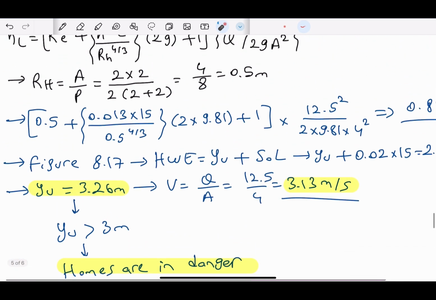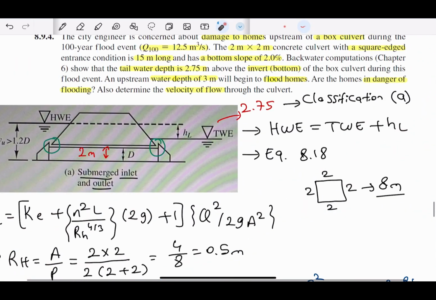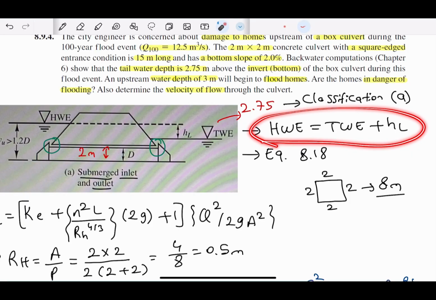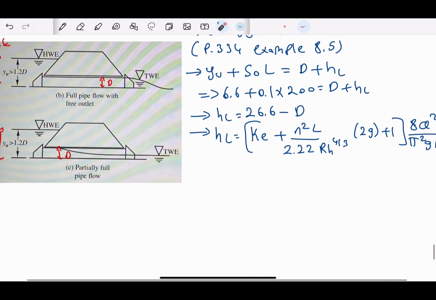It is similar to this equation. So the upstream depth is 6.6, and we have 0.1 slope and 200 feet length. And this is equal to d plus head loss.